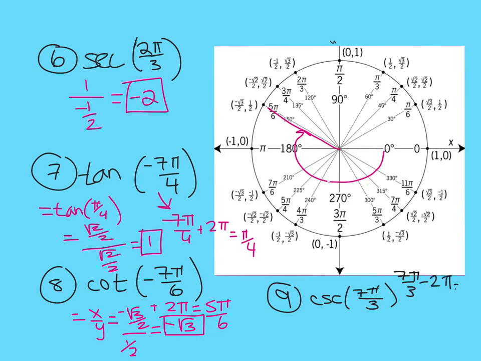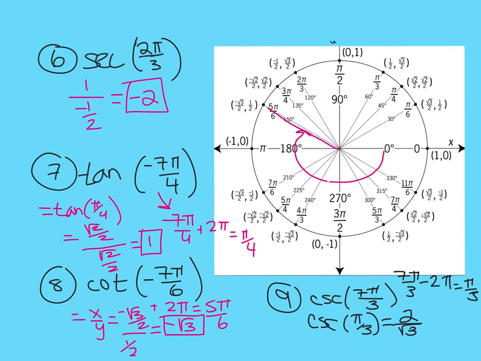When you do that, you find that your coterminal angle is pi over 3. So now we can do cosecant of pi over 3. And cosecant, remember, is the reciprocal of sine. At pi over 3, my sine, my y value, is radical 3 over 2. So I get 2 over radical 3.